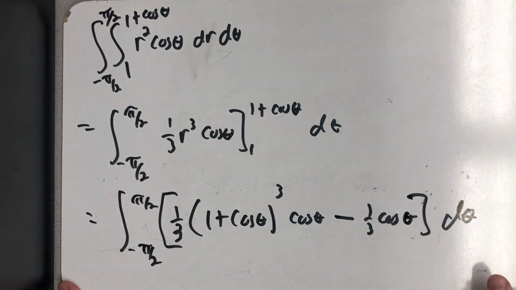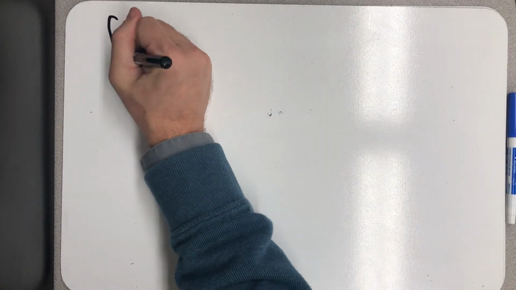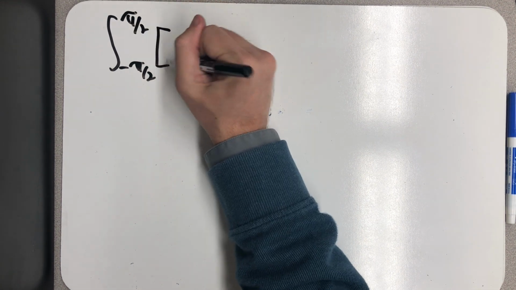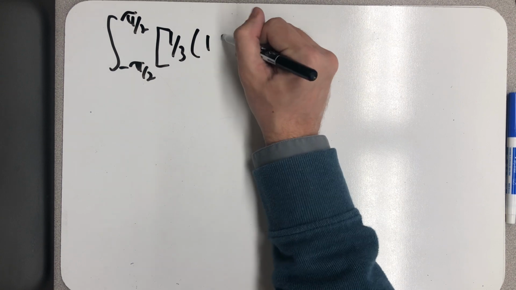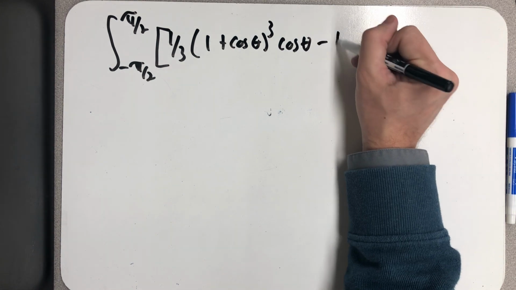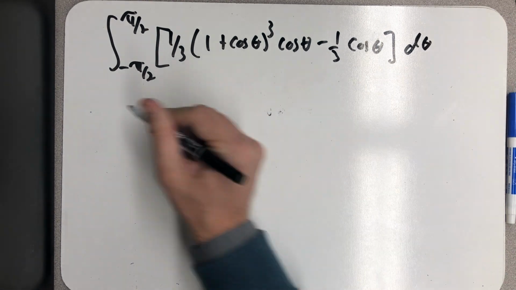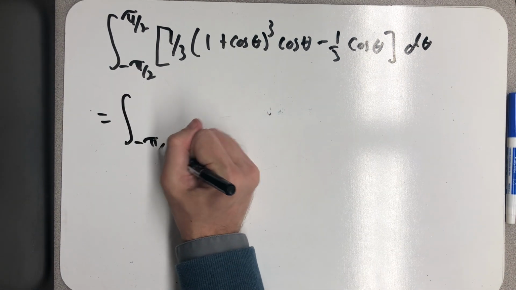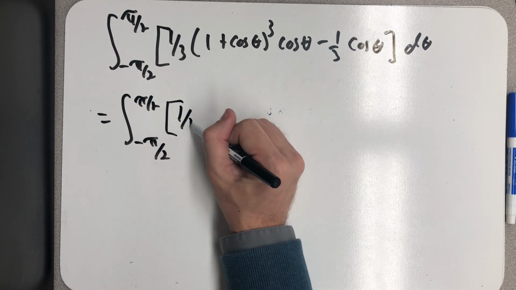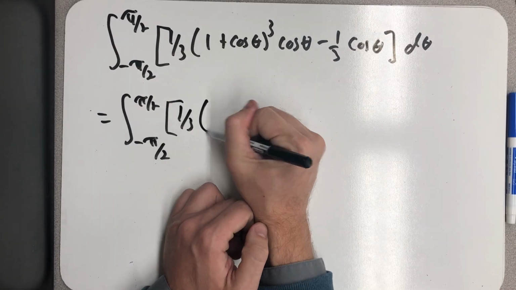All right, so now I need to multiply some things out, combine some like terms, and then I'll have an integral in one variable that just has a bunch of powers of cosine. So I need to multiply out 1 plus cosine to the 3rd power.